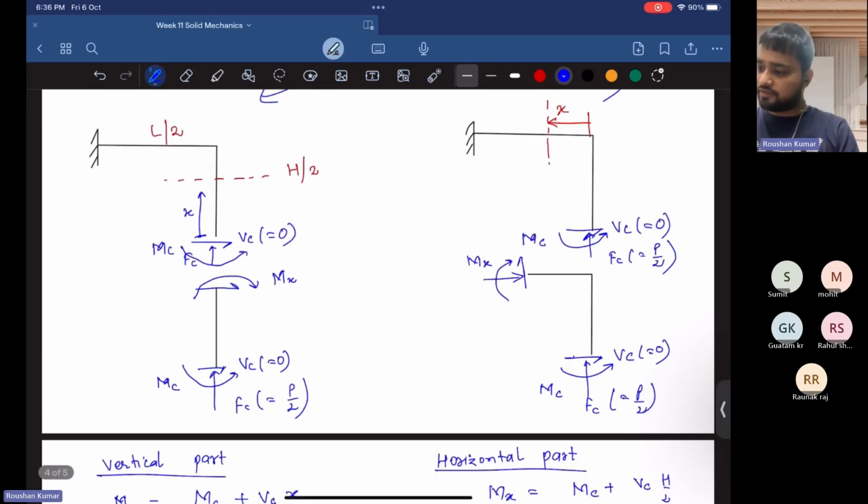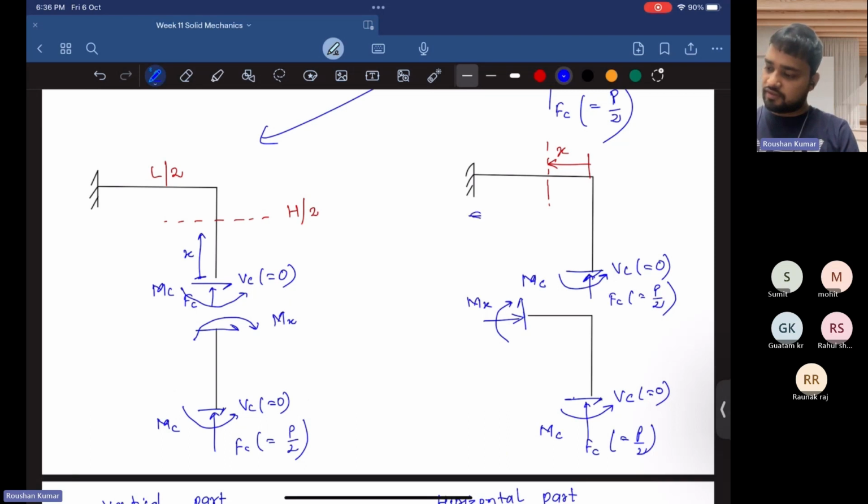You can see here that Fc is acting. So this is the length here, L by 2. So Fc into x, Vc into h by 2. This distance is h by 2.